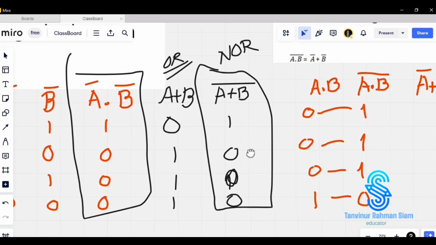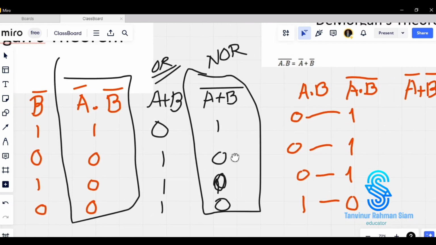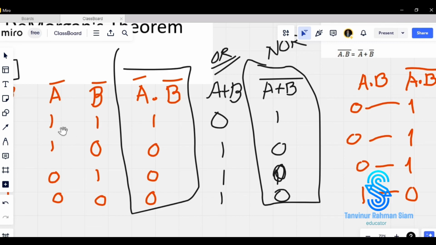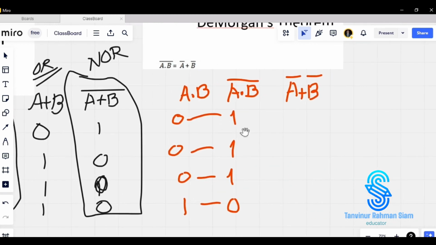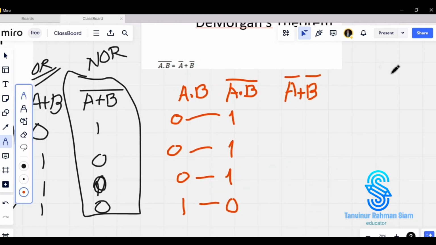Plus is OR gate. So if any of the section has 1, we are allowed to give 1 as output. So the first three will be 1 1 1 and the last will be 0.